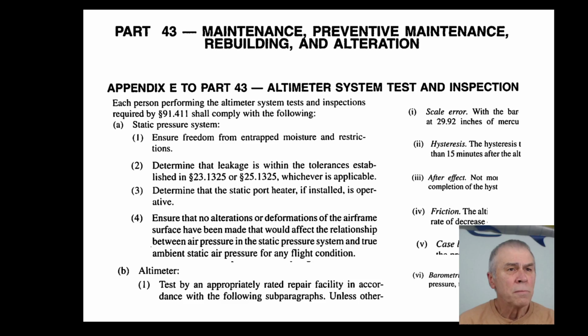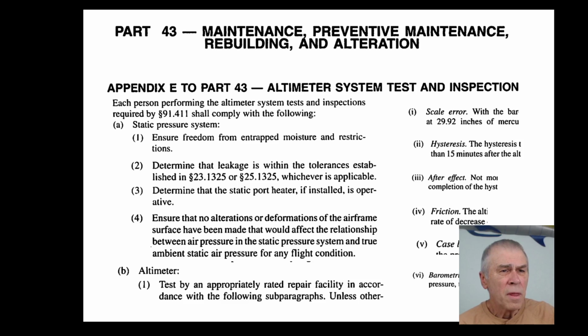All right, okay, we have reproduced the appendix to Part 43. This is Appendix E. It's mostly talking about the pedostatic system. The altimeter system test is the title of the section.